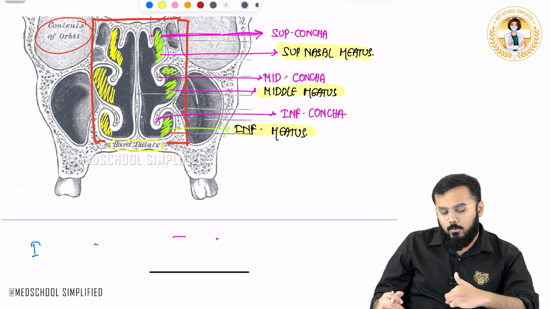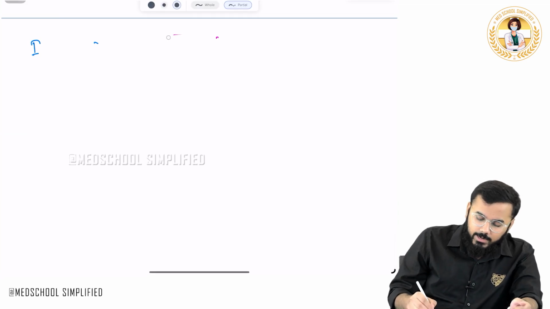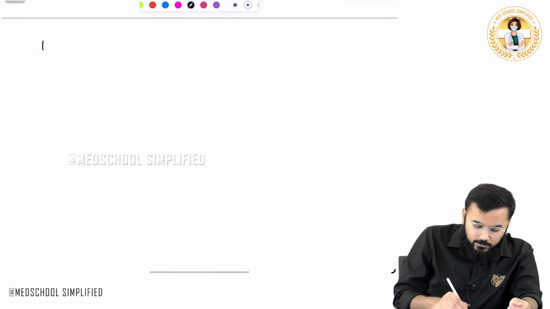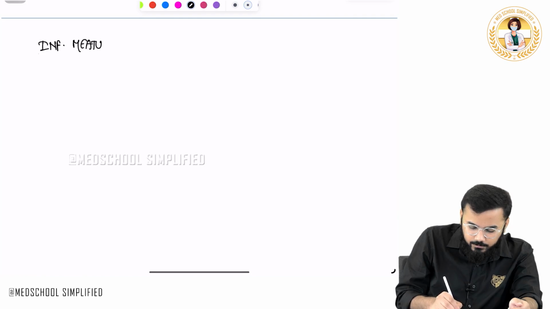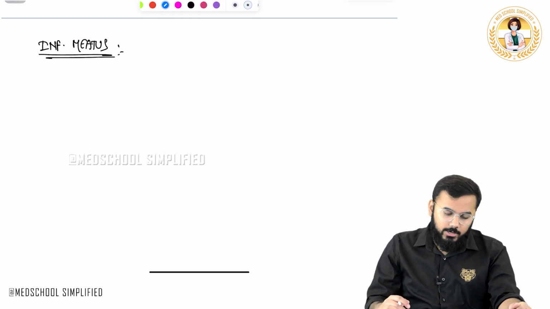Now, you understood by the picture, but textually, how can we write these things so that it would be useful for your notes? Let me write it down. First, let us write about the inferior meatus. Where is this inferior meatus located?